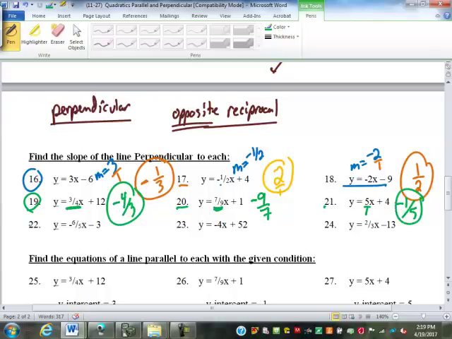Good. 22, the slope of this one is -6/5, so the perpendicular would be perfect, +5/6. 23, that has a slope of -4, so the perpendicular would be +1/4. Perfect. And 24, the slope is 2/3, so the perpendicular would be -3/2. Perfect.